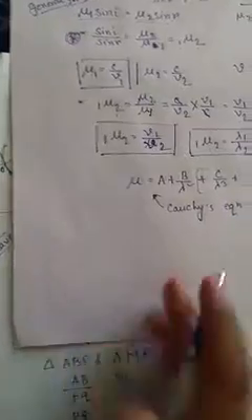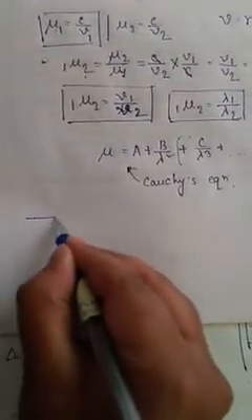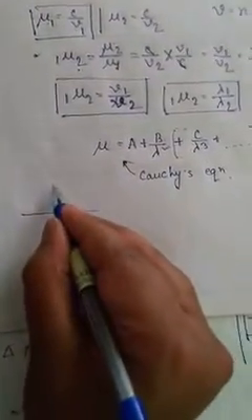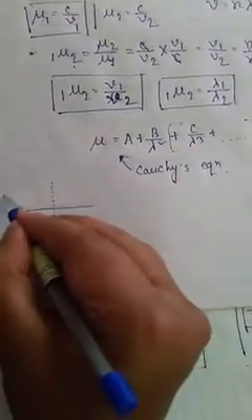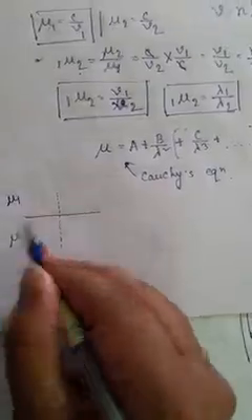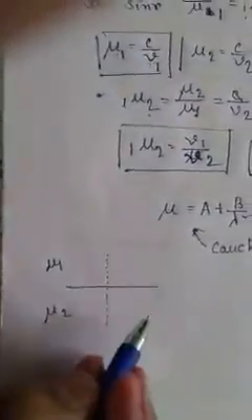Now, deviation of light. Let's say this is the normal, this is mu1 and mu2, and I am drawing a ray of light, and the ray of light changes its path like this.